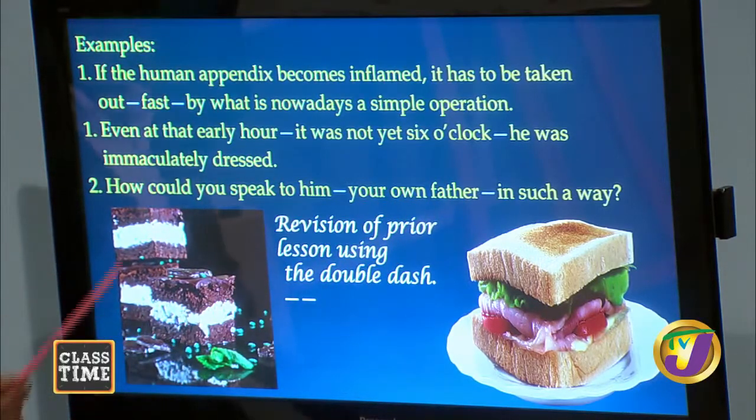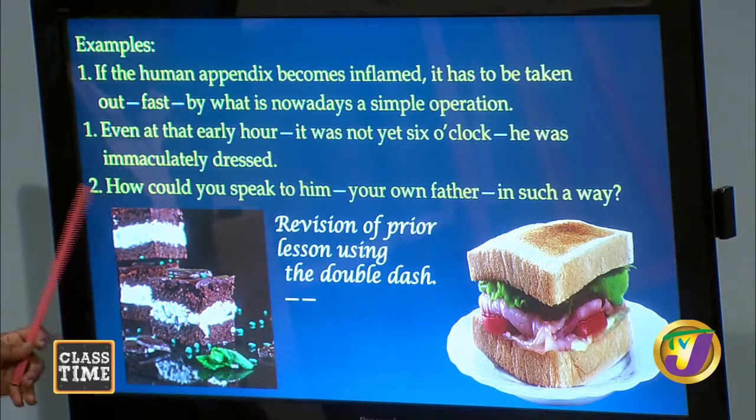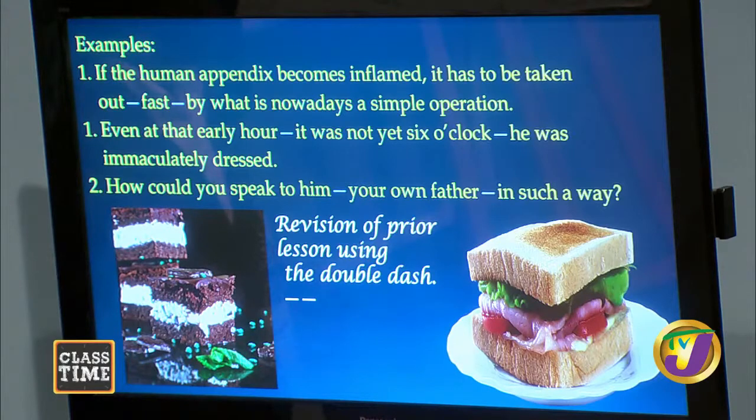Let's read the last sentence. "How could you speak to him, your own father, in such a way?" The main part, or the original thought, would be what? How could you speak to him in such a way?